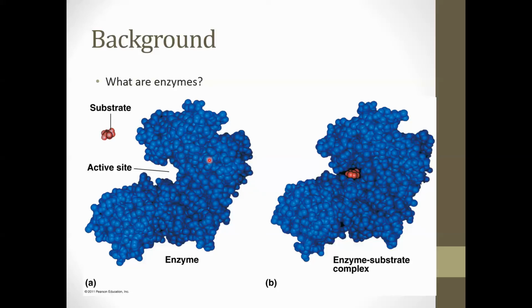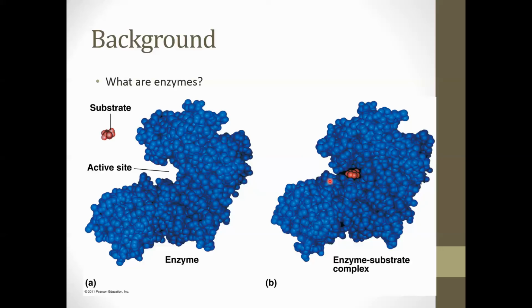The substrate binds to the active site and the enzyme will actually change shape. Remember, structure is vitally important for function in proteins as well as all levels of biology. And the substrate attaches to the enzyme and the enzyme will actually change shape, forming the enzyme substrate complex.